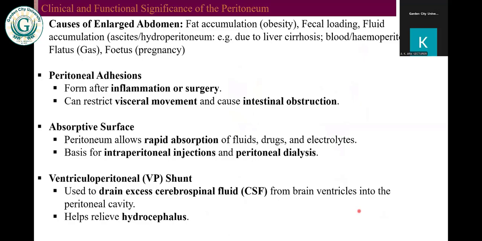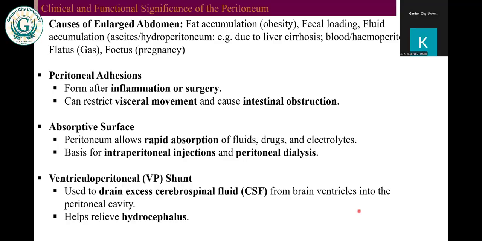So we look at how someone's abdomen, if it's enlarged, the four F's: either there's fetus, there's gas or flatus, or there is fluid, in this case ascites, or maybe there's fecal matter. We look at the peritoneum as having an absorptive function, and hence it's used in peritoneal dialysis.